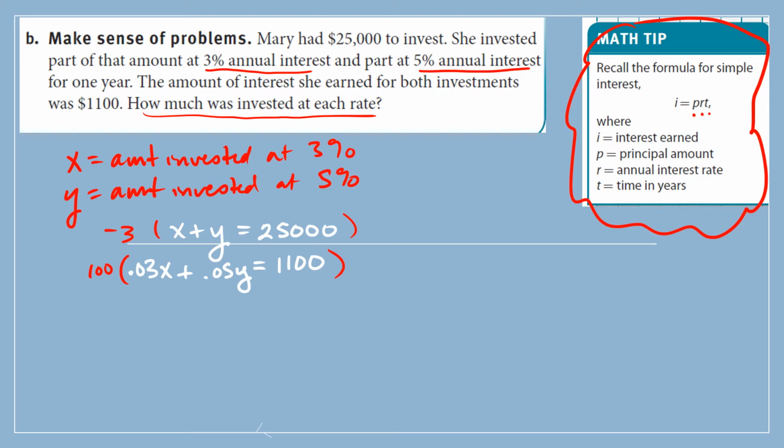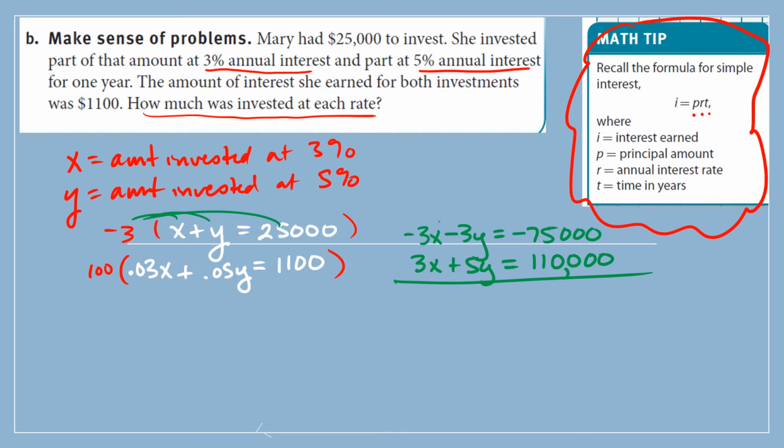So my new equations will be negative 3x minus 3y equals negative 75,000, and that's if I distributed to everything in that equation. And then down here I'm going to get 3x plus 5y equals 110,000. So my x's will eliminate.